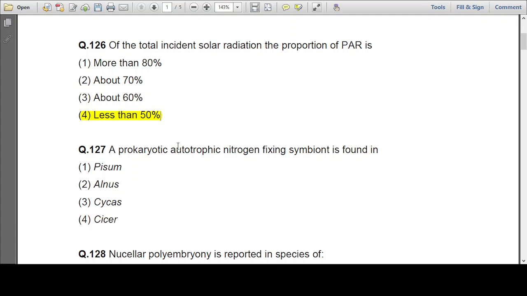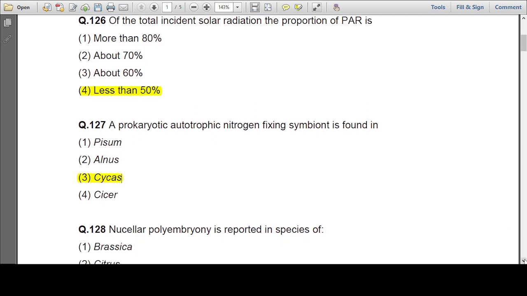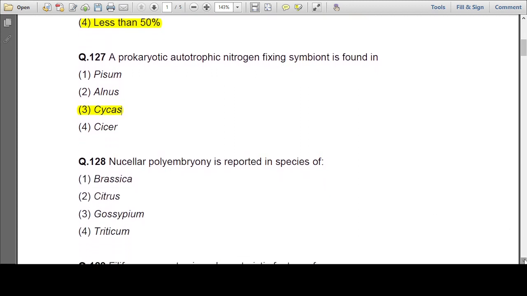It is clearly mentioned in class 11 chapter number 3, Plant Kingdom, in the discussion of Cycas. In Cycas this type of bacteria is present. So this is also directly from the NCERT. If you have read about Cycas from NCERT class 11 chapter number 3, then you can solve this question, where they have clearly mentioned this plant.